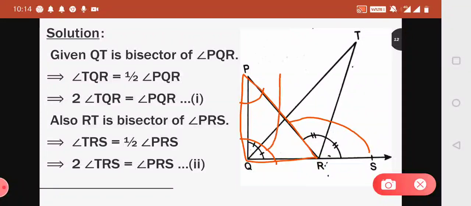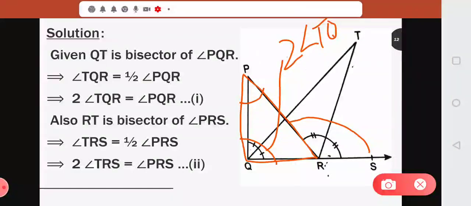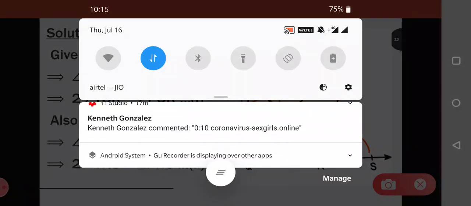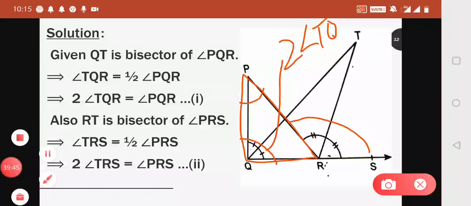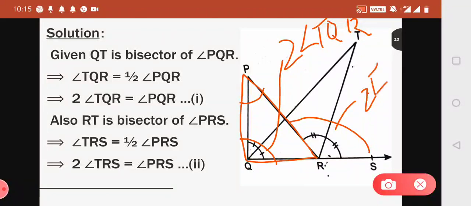This angle we will take as twice angle TQR, and this we will take as twice angle TRS.